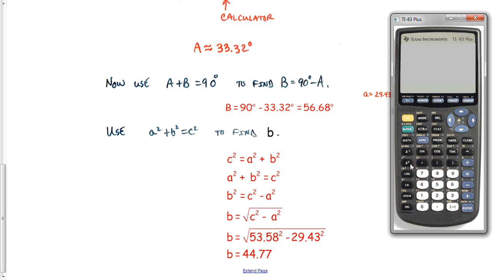44.77. Now let me just show you how I've done that. We'll clear. Whoops, it's not a graph. Clear, okay. And once I've got this set up, then I use my calculator at this level only. So I'm going to start out with square root, which is second x squared here.